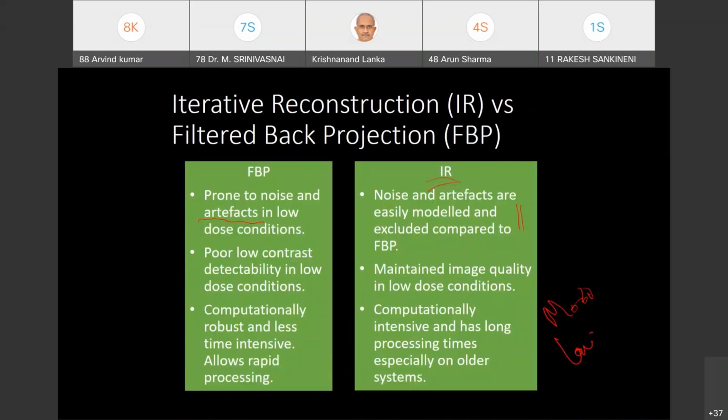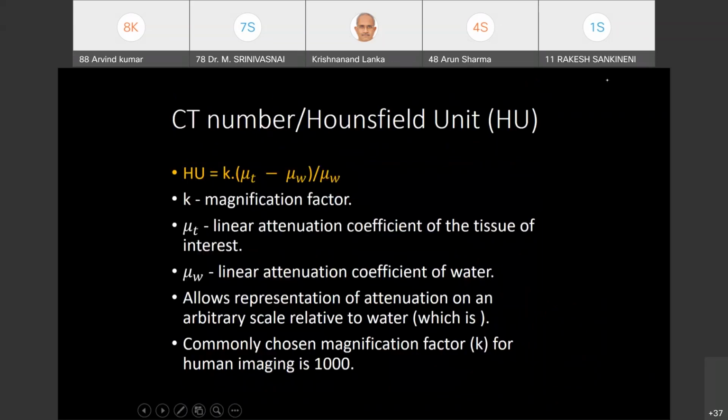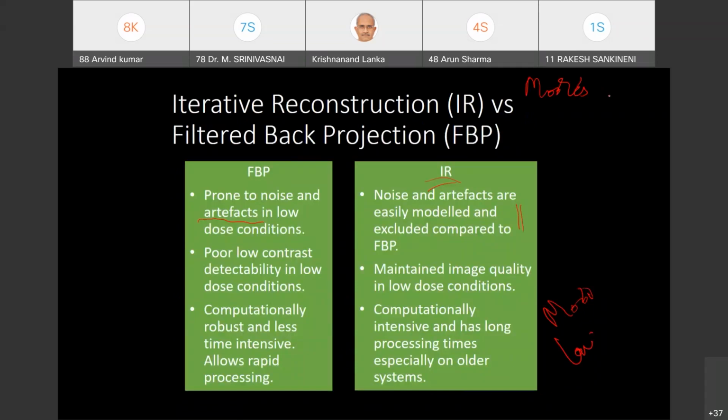I don't know whether some of you are aware of it. Due to Moore's law of computing, we are able to do all these computationally intensive things.